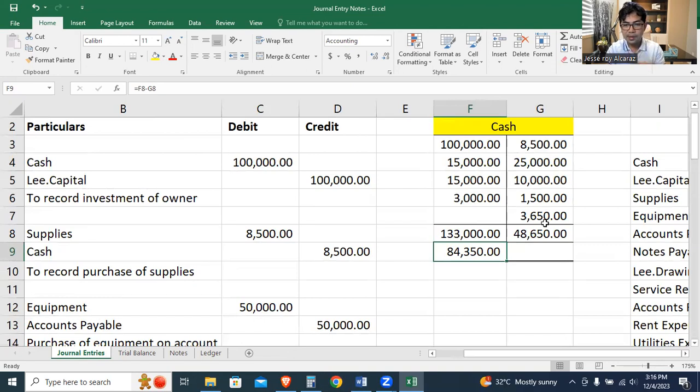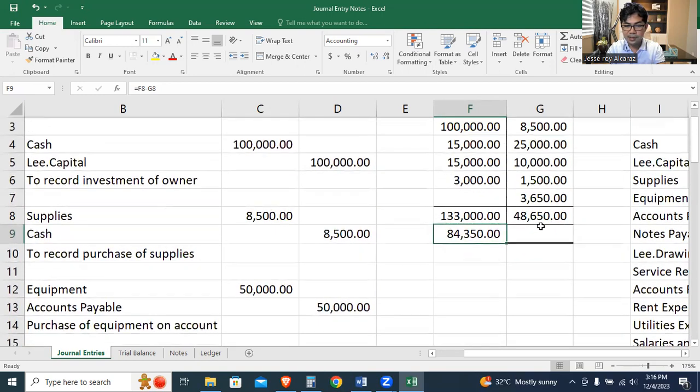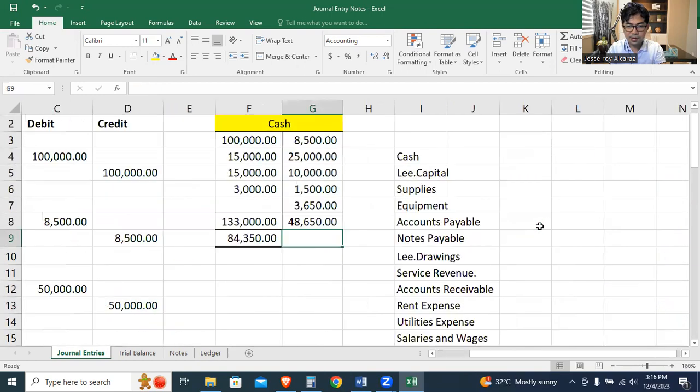And then we will get our posting balances. So isa-isahon nato ni sila, no? We're done with cash.